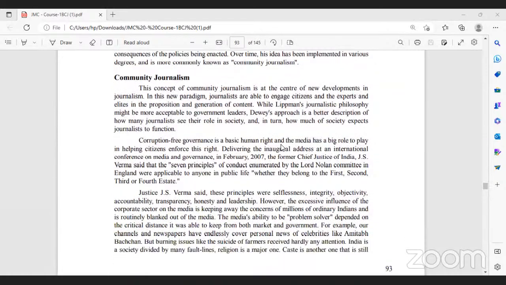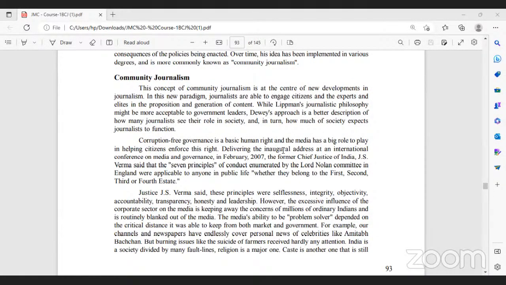Let us also understand what community journalism is. This concept is a part of a new development in the journey of journalism. Though it is a new paradigm, journalists are able to engage citizens, experts, and elites in the proposition and generation of content. So community journalism is a newer addition to existing journalism.